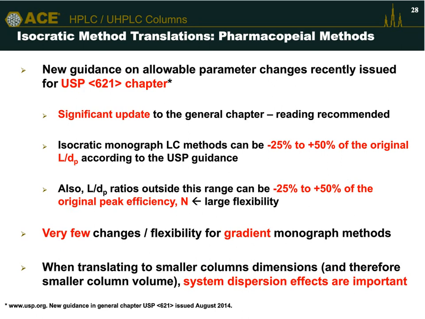Just because you can convert to smaller column dimensions and therefore smaller column volumes doesn't mean that you should, because the dispersion effects from your instrument can very quickly destroy your chromatography, leading to poor peak shape and very broad peaks. So you need to understand whether you're working with HPLC or UHPLC and the dispersion of your system in relation to the short column dimensions that you want to move to.